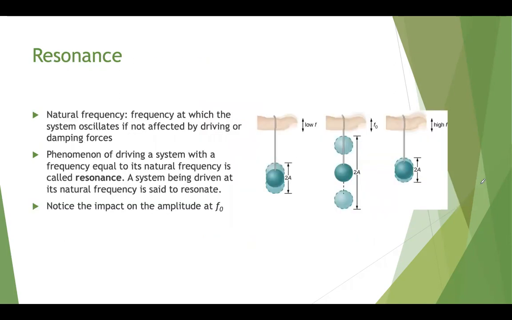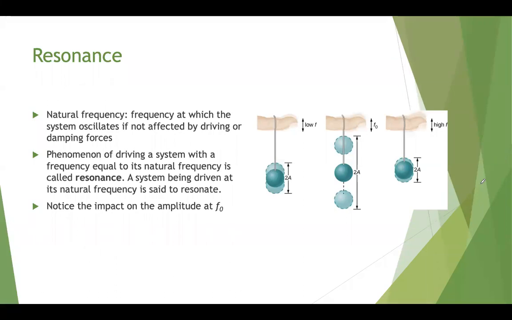All right. So one more thing that I want to talk about is called resonance. Now, we'll need to first understand the natural frequency of a system, and that is the frequency at which the system oscillates if it's not affected by driving or damping forces.